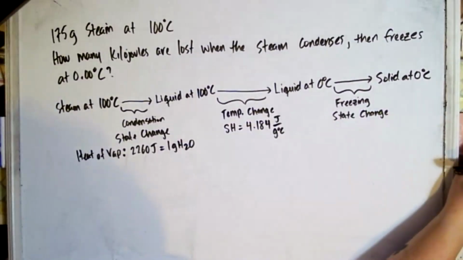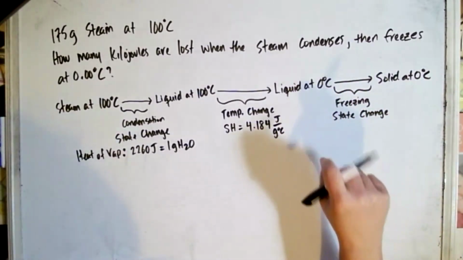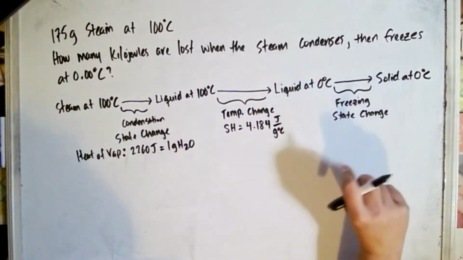And then for our last step there, we're going to be freezing the water. And when we're going between liquid and solid or solid and liquid, we're going to use the heat of fusion for that transition.